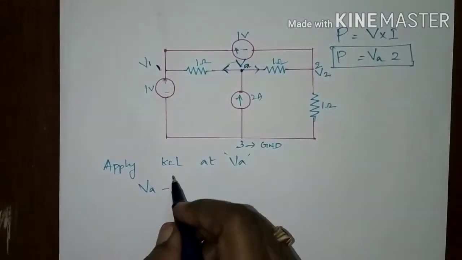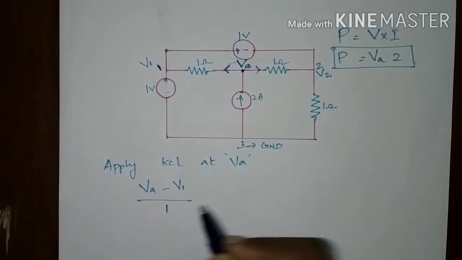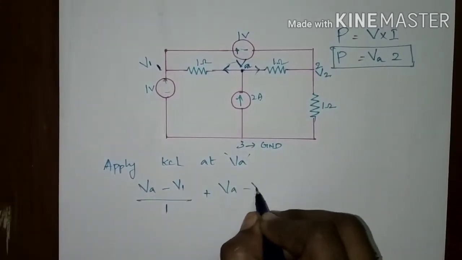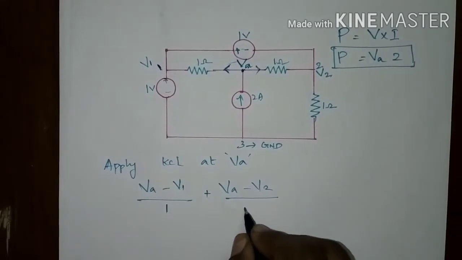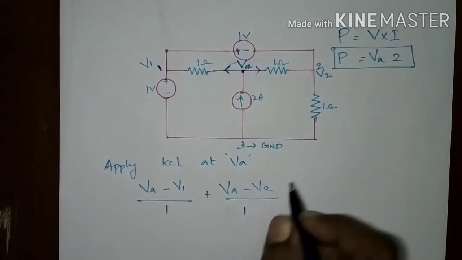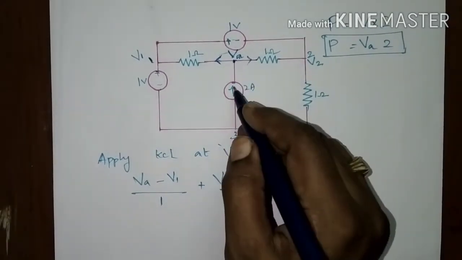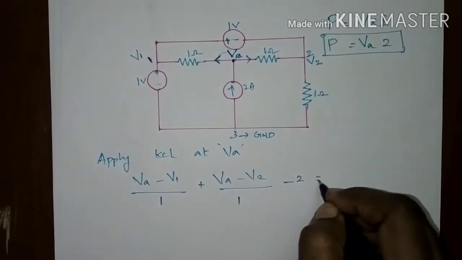So, VA minus V1 divided by 1 plus outgoing current VA minus V2 divided by 1, and this is incoming current, minus 2 is equal to 0.